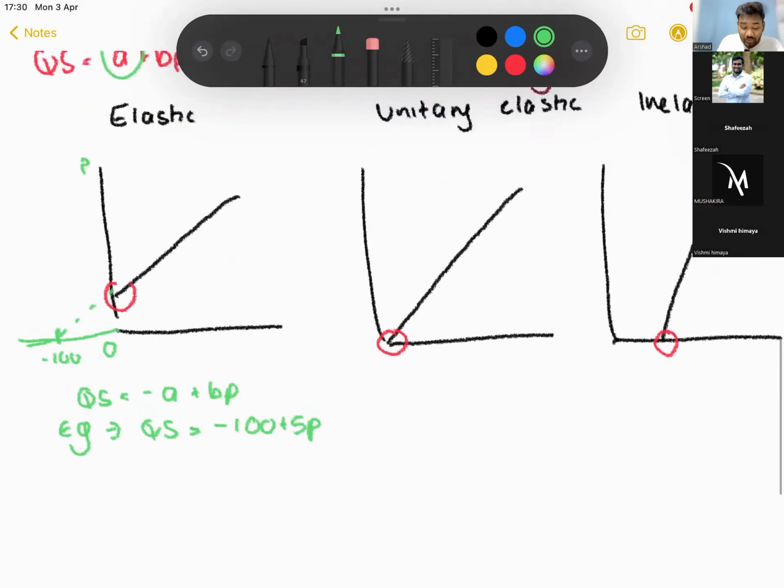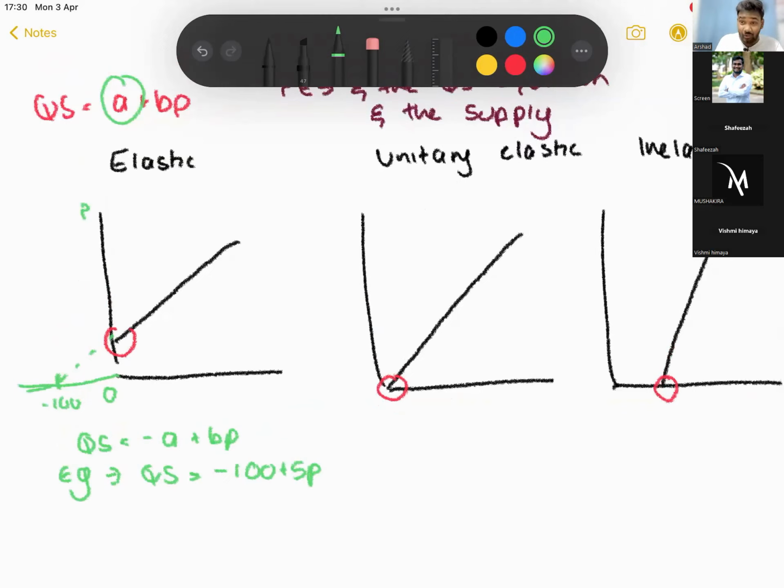So the moment you see this, looking at the supply curve itself, you can say this is elastic. But let's say they have not given us a supply curve, they have given us the equation. So by looking at the equation, if this A component is negative, you should be able to say that, look here, this is an elastic supply curve.